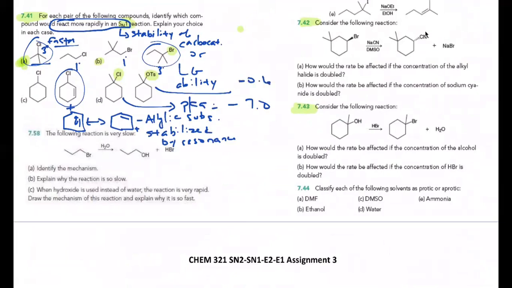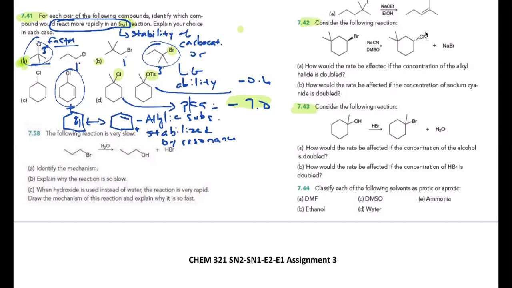So the conjugate acid of chlorine has a lower pKa, which means that chlorine is a better leaving group. We're okay with that? Yes. All right.